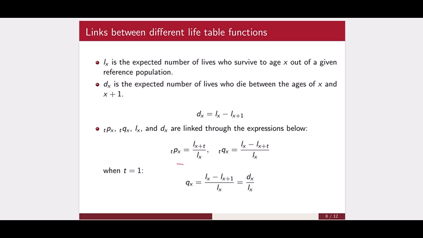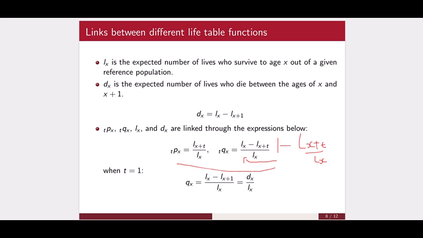As you can see, this tqx is just a complement of the tpx, which was found by 1 minus the Lx plus t function over the Lx. When we subtract this expression from 1, we will get the tqx function as given.